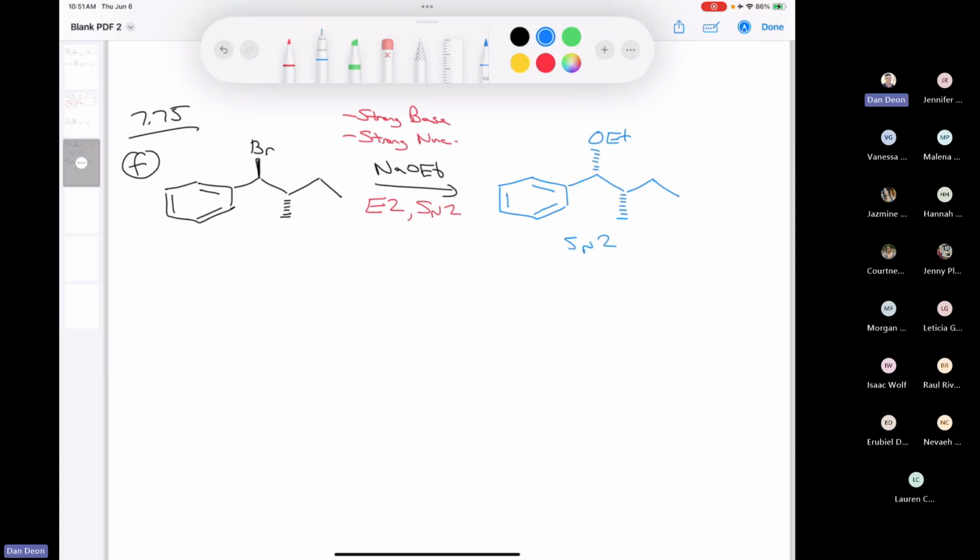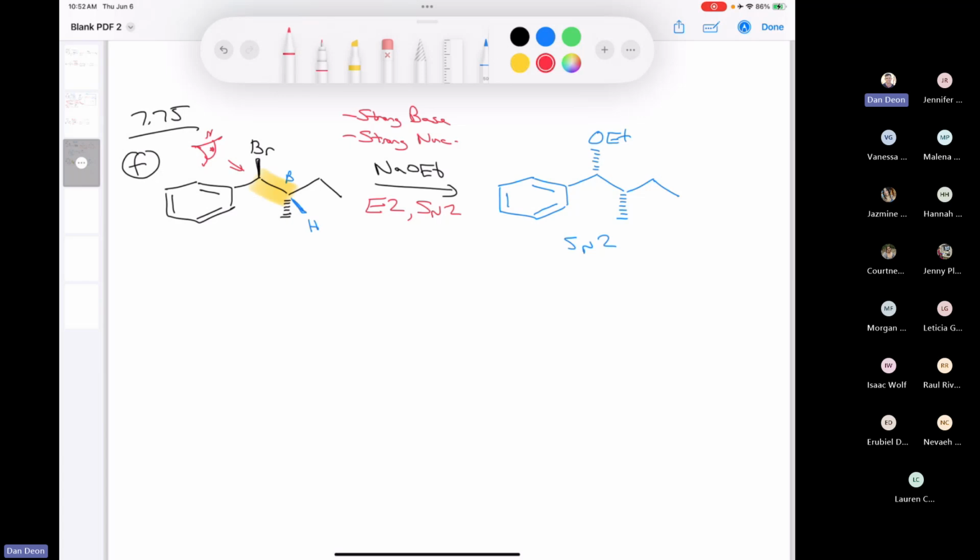But what I would like you to do for next class is, since there is only one beta proton, right? This is a beta carbon, it's got no protons. This is a beta carbon, and it has one beta proton on it, this guy here. What I'd like you to try to do is to draw the Newman projection in this perspective, looking down the carbon-carbon bond this way, and you can see that the bromine and the hydrogen are not anti-periplanar to each other in this conformation.